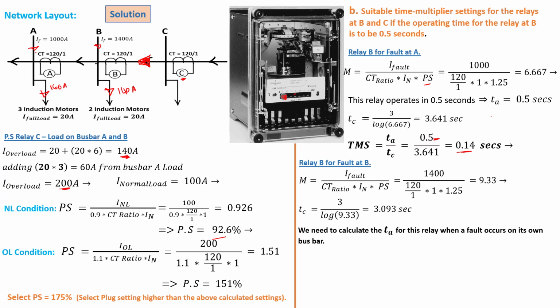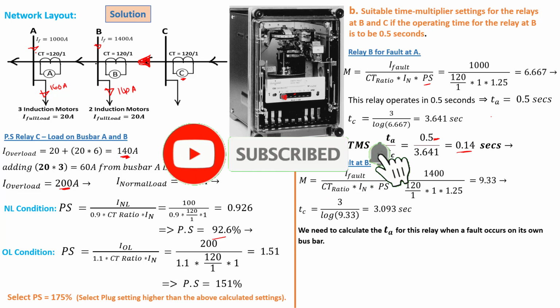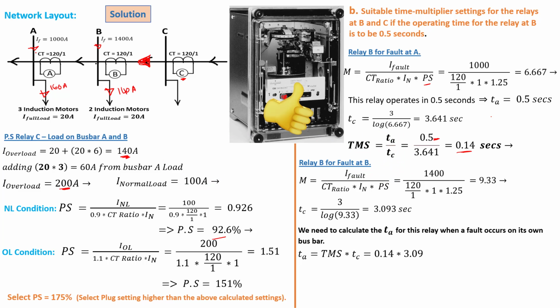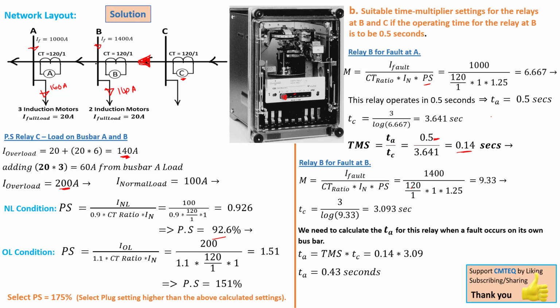Again, this TA is the actual tripping time for this relay whenever a fault occurs either on A or B. So TA is TMS times TC, that gives us 0.14 times the 3.093 that we just calculated for TC, and that gives us a TA of 0.43 seconds. So this is the actual operating time for this relay here at B, when it has to protect bus bar A and bus bar B as well.